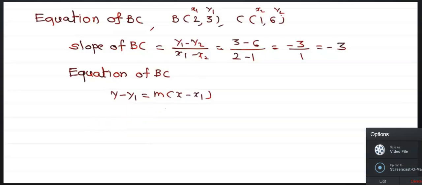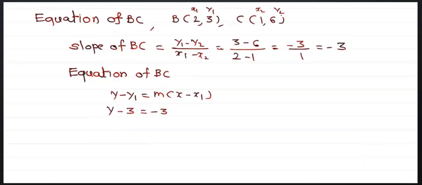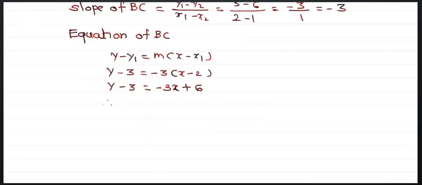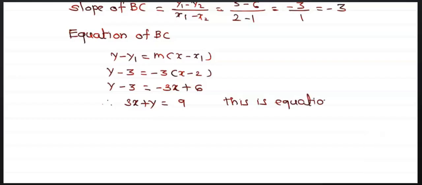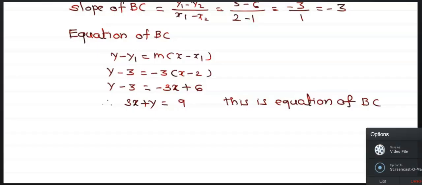We substitute the values. These are normal equations, we have repeated this a number of times. This is the required equation. You can write it this way also. This is the equation of BC.